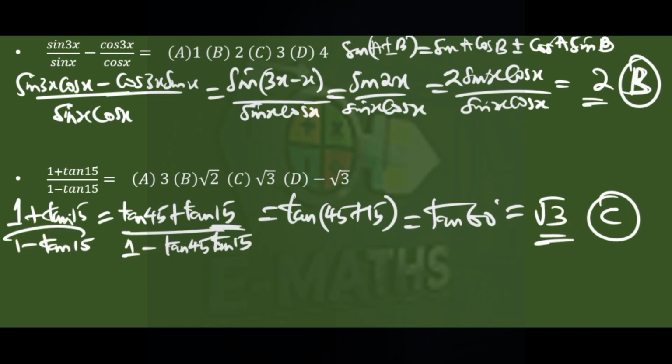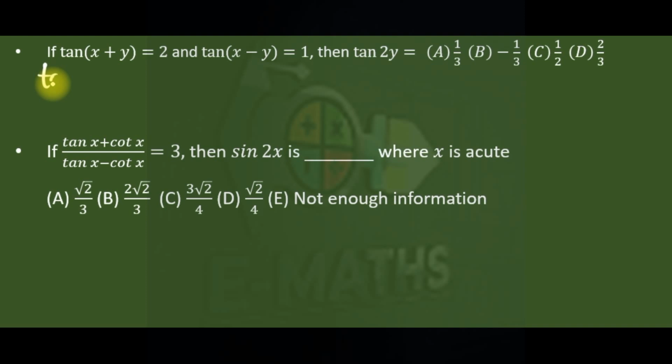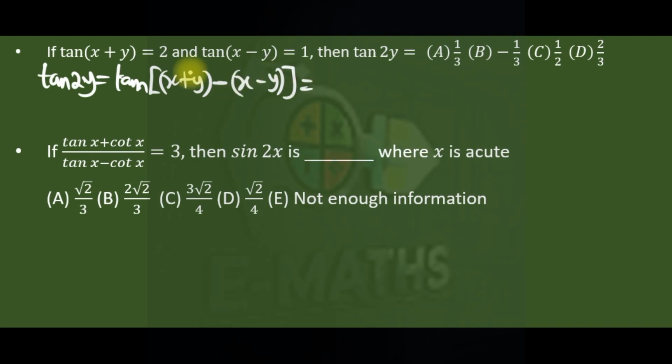Now the next one. 2y is the same as tan of x plus y minus x minus y. Yes, x plus y minus bracket x minus y: x minus x is 0, y minus minus y is 2y, because we're going to use what we are given.